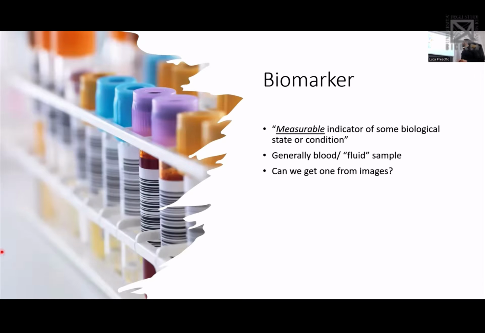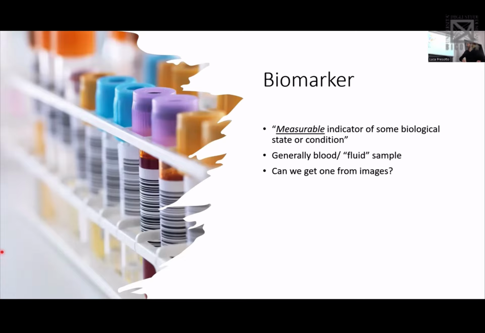A biomarker. What's a biomarker? It's a measurable indicator of some biological state or condition. In general, most biomarkers that are used are from blood or from some other fluid samples like urine or cerebrospinal fluid and so on.